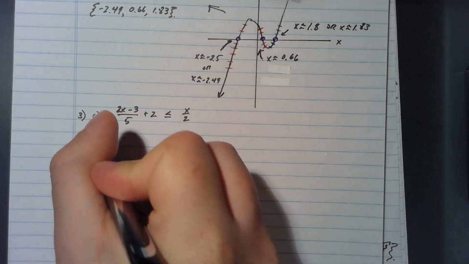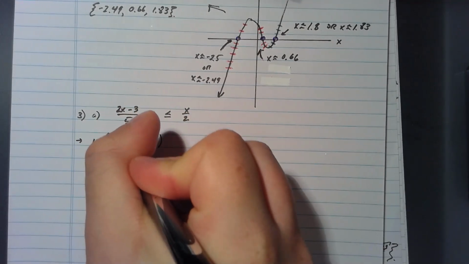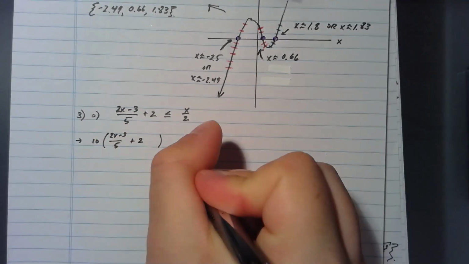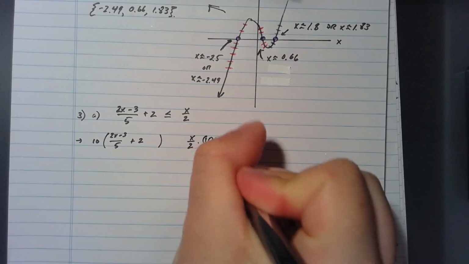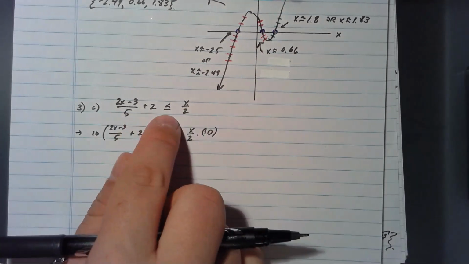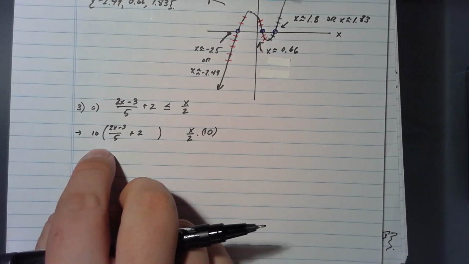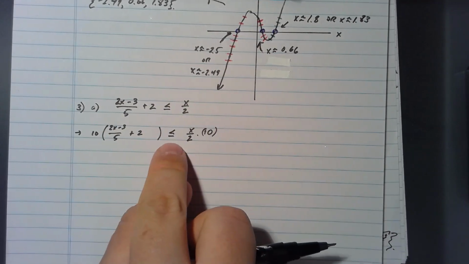I'll just multiply the left side by 10, and I'll multiply the right side by 10. Now remember, since I'm multiplying both sides of this inequality by 10, which is a positive number, I don't need to flip the inequality symbol.